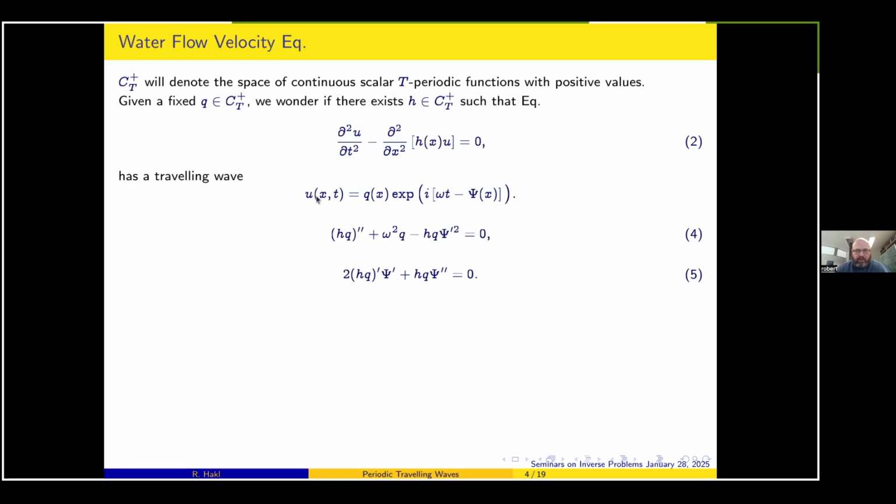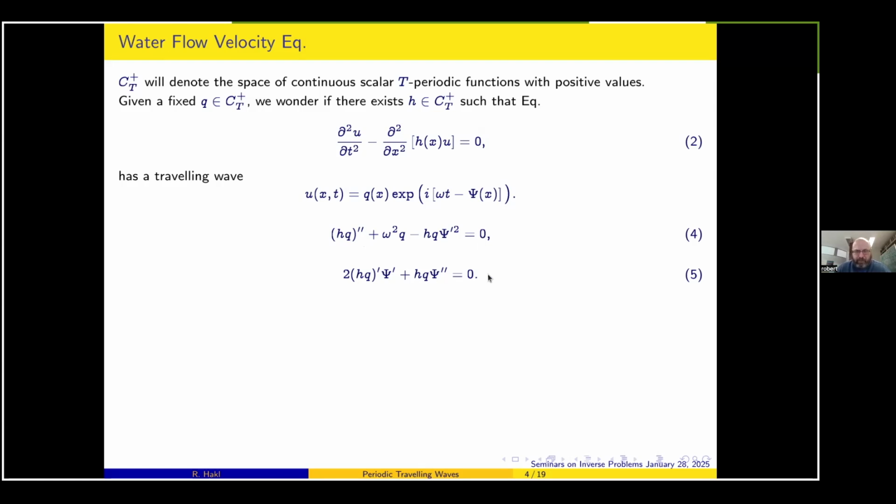So we take the solution of this form, and this is of course a complex function, so we put it in equation 2. We derive according to t, according to x. We separate the real and imaginary parts. The real part is equal to 0 and the imaginary part equals 0.